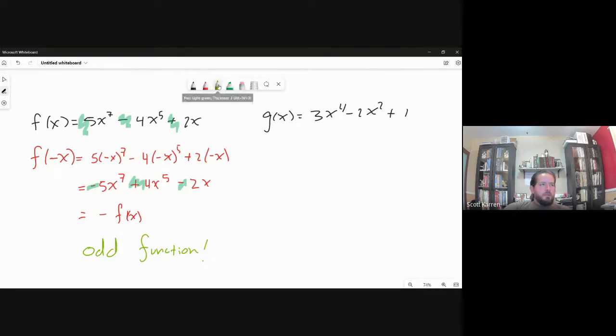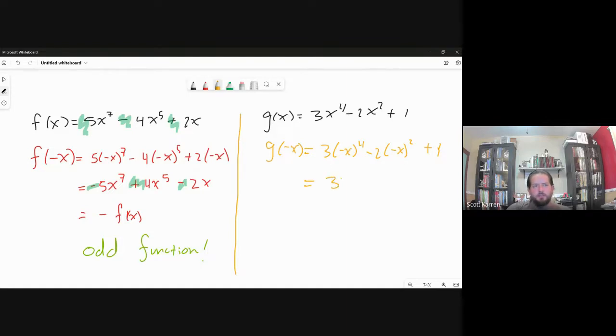So we'll do the same thing similarly over in g of x. Let's plug in g of negative x. This is 3 times negative x to the 4th minus 2 times negative x squared plus 1. And the 4th power is an even power, so it's going to kill that negative.